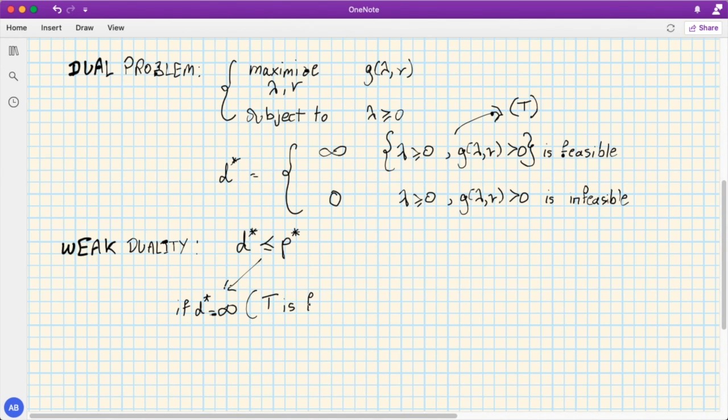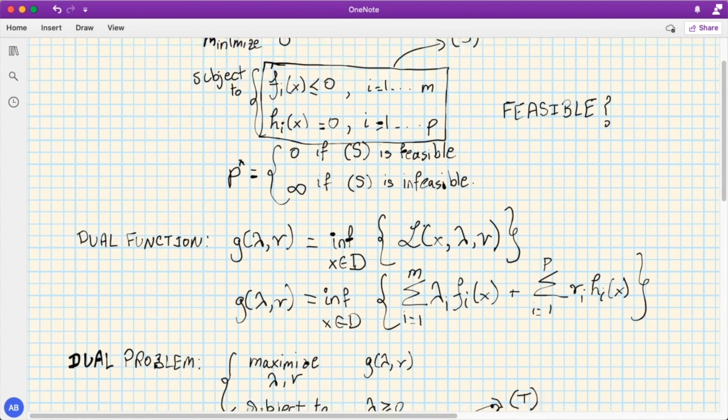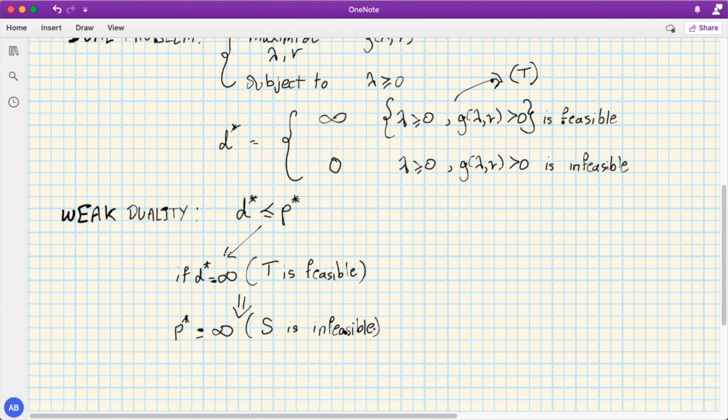This directly implies that p star has to be infinity. It cannot be 0, or else weak duality doesn't hold, and this is not allowed. So p star is infinity. Going back up, it means that S is infeasible, right?